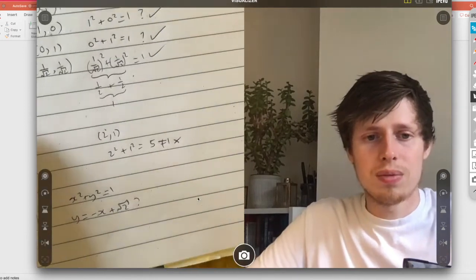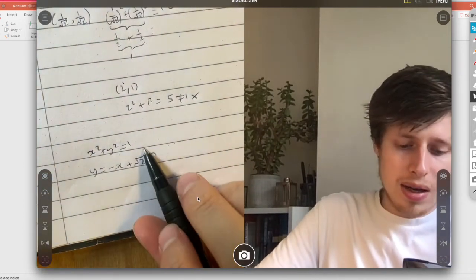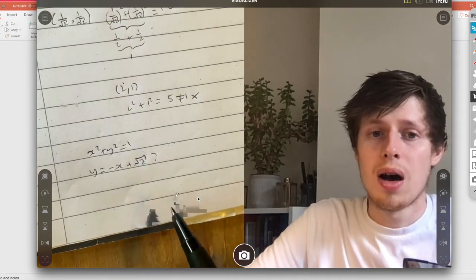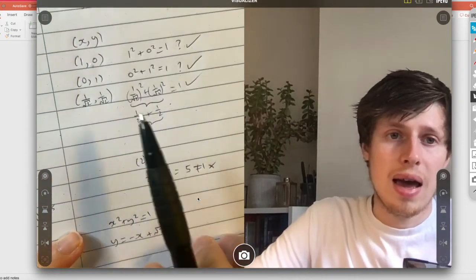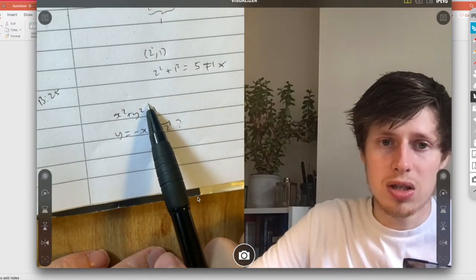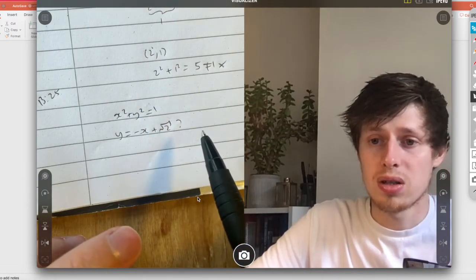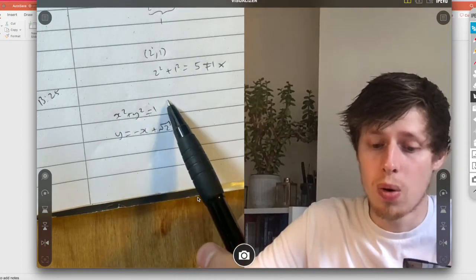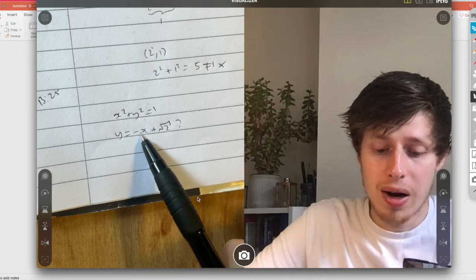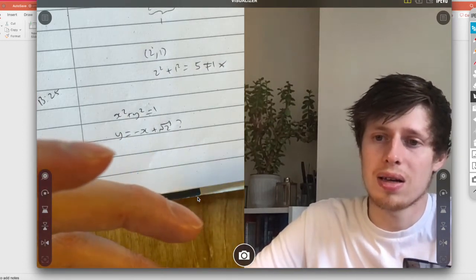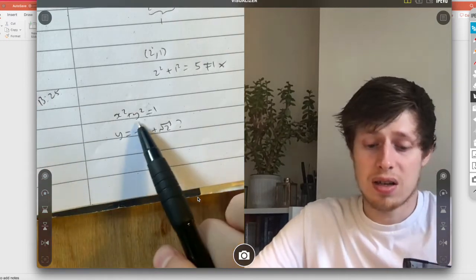Remember, solutions to these simultaneous equations mean you're looking for a coordinate x, y so that if you were to put them into each equation, it would satisfy the equations. So you would come up with a true equation. So x squared plus y squared really would be 1, and y really would be minus x plus square root of 2. So are there any such numbers x, y that satisfy both?